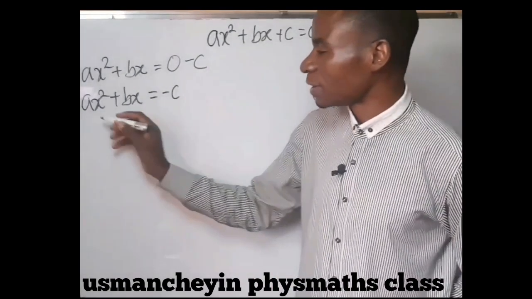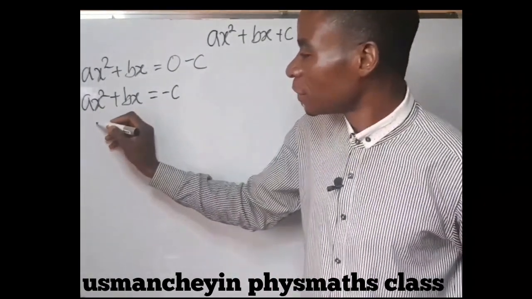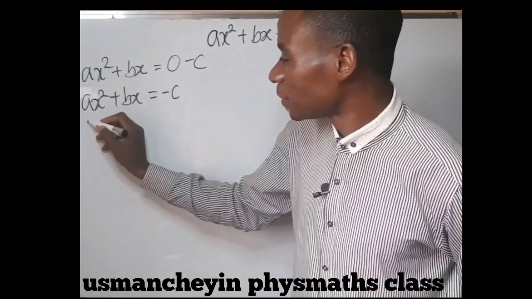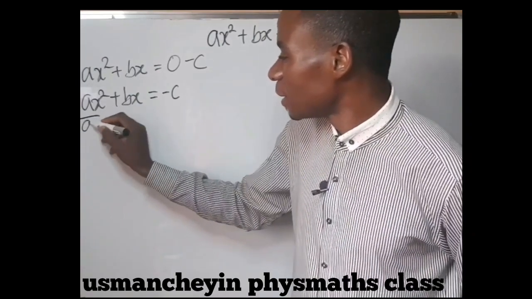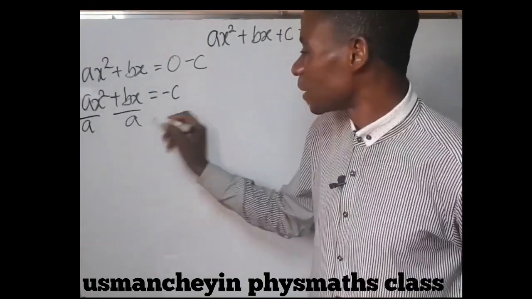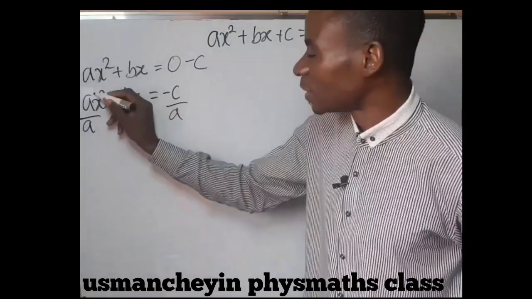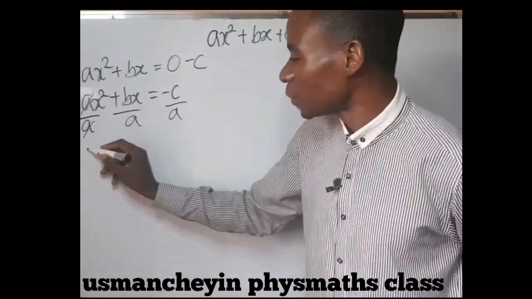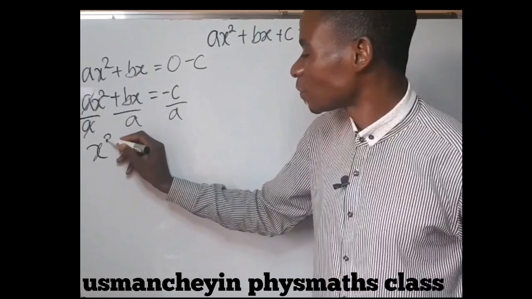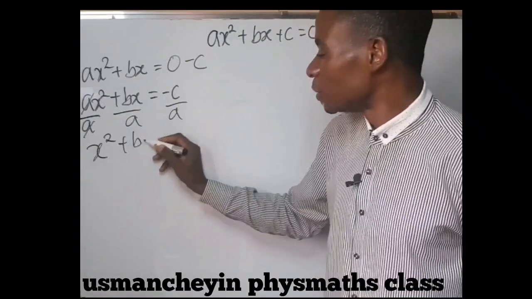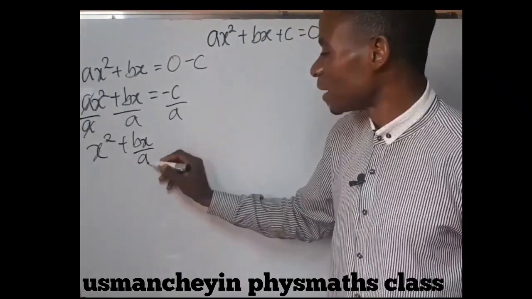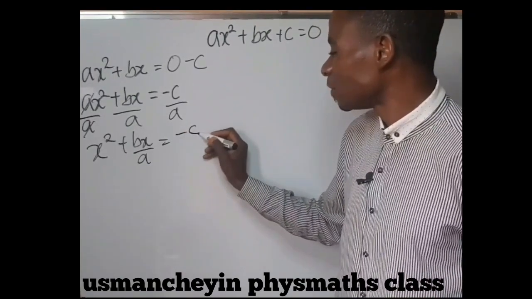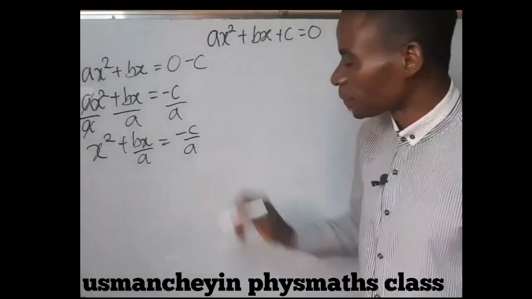Now from here we can divide through by a, so that we have a over a all over a, so that this a should cancel this a. We'll have x squared plus bx over a equal to negative c over a.